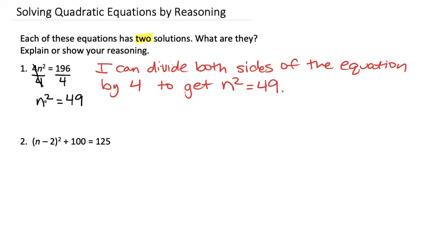Now, if n squared is 49, what could n be? Well, we know that n could be 7, because 7 squared is 49.